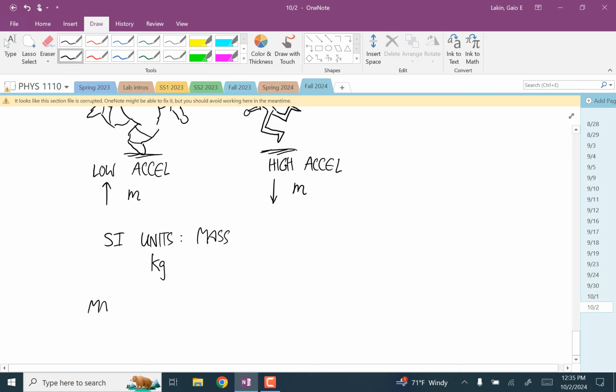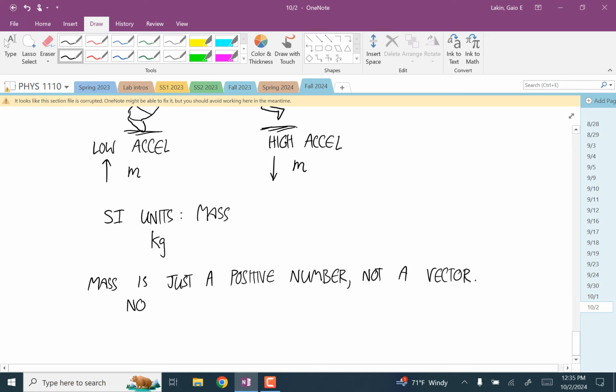And mass does not have a direction. So mass is just a positive number. Not a vector. And what that says is that there's no direction associated with mass.